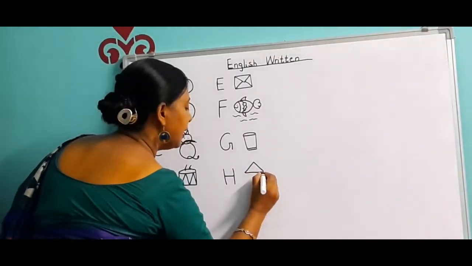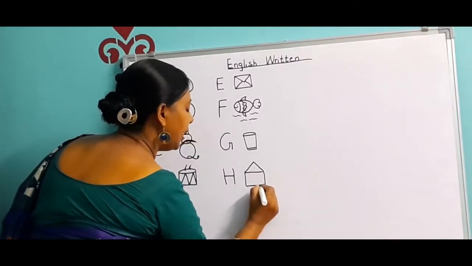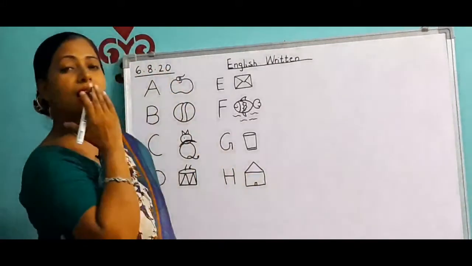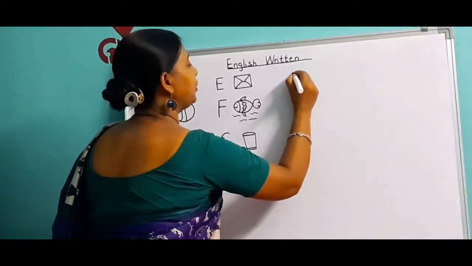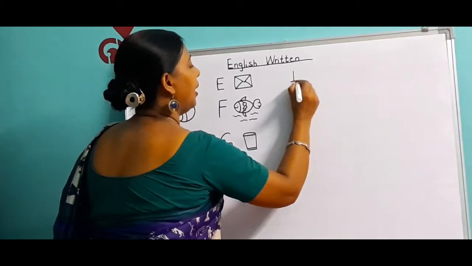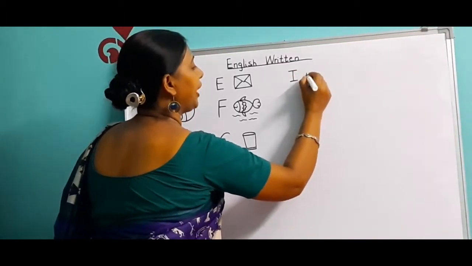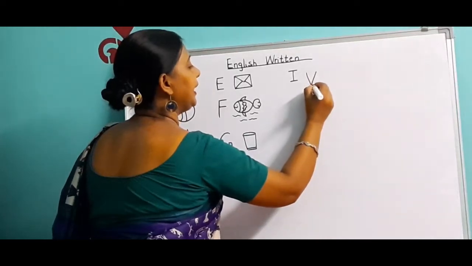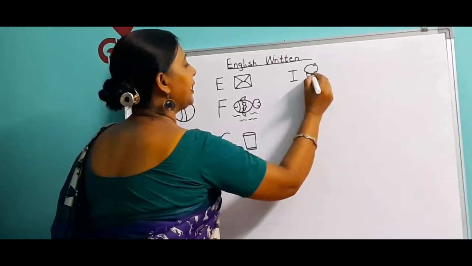H says hut. Then after H comes I. I for India. I for ice cream. I says India. Ice cream.